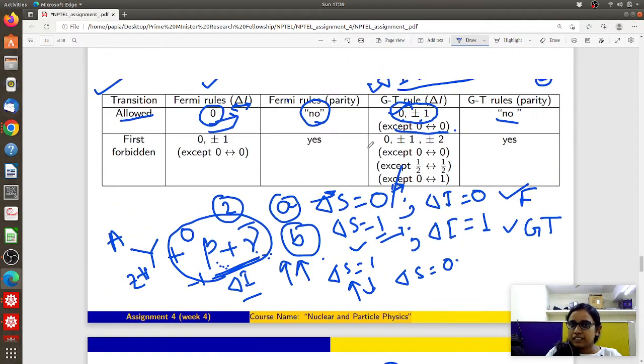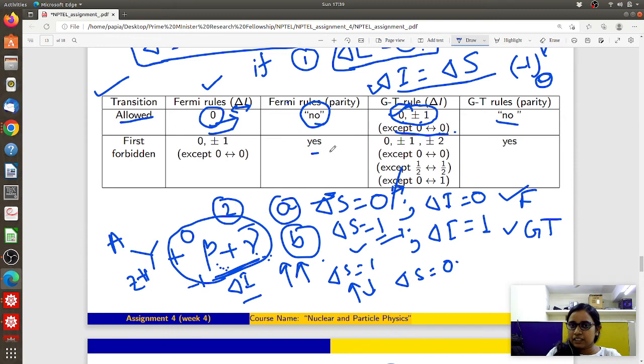Here it is written that parity is yes, and for Gamow-Teller also parity is yes. Parity is yes means parity can be changed. Obviously it should be changed because delta L is not equal to 0. So this type of condition is there.